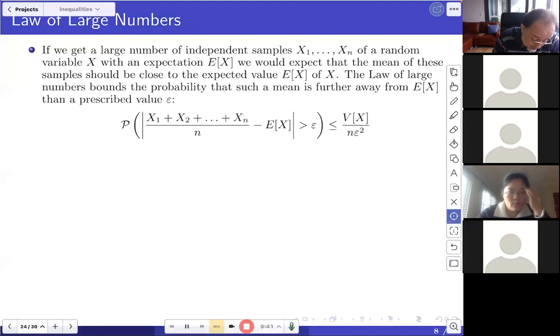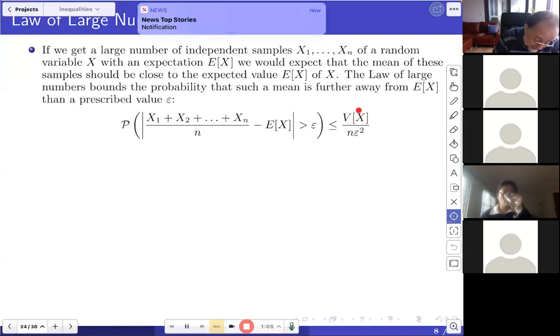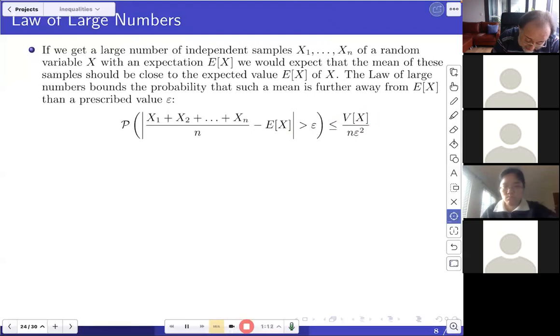So you would expect then if you average several measurements, that their deviation from the true value will be larger than epsilon with some small probability. And lo and behold, this probability is bounded by the variance of x, the number of measurements, and the tightness of the bound, so epsilon squared.